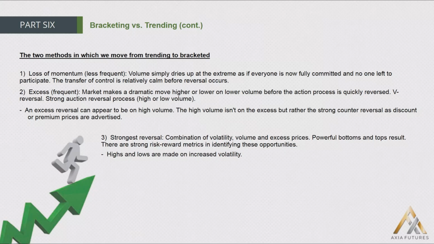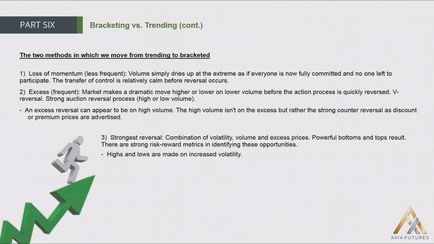And again, vice versa, obviously it could be to the downside as well. So it's those higher prices being advertised that bring response from the other time frame, and that is what creates potential for high volume. But note again, this doesn't have to be on high volume, it can be on low or higher volume.